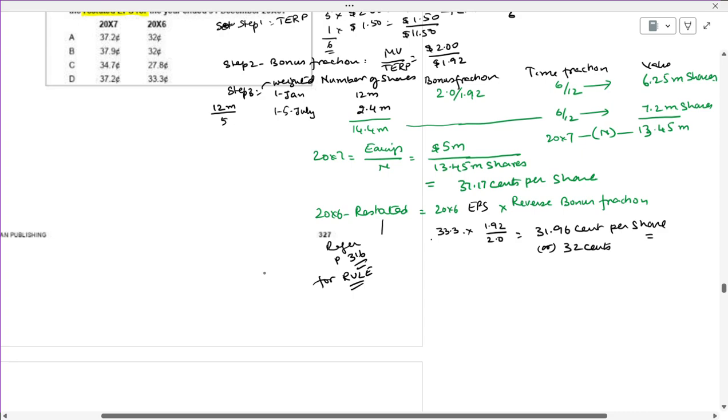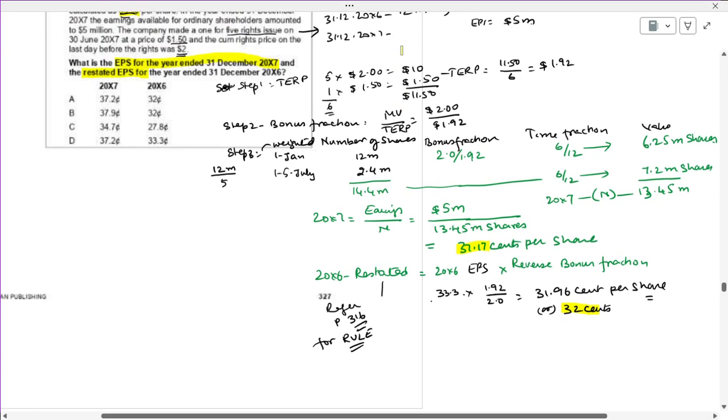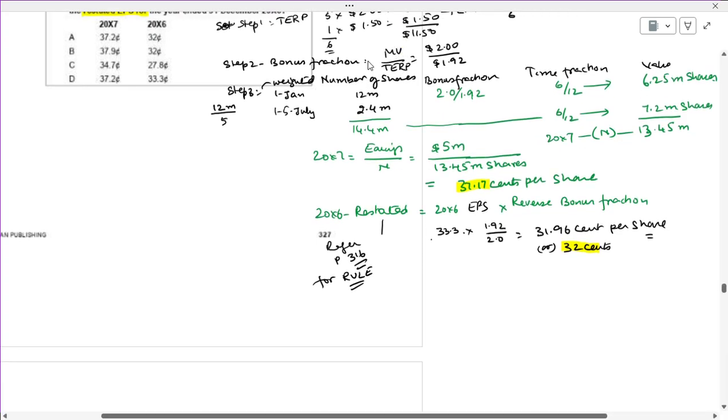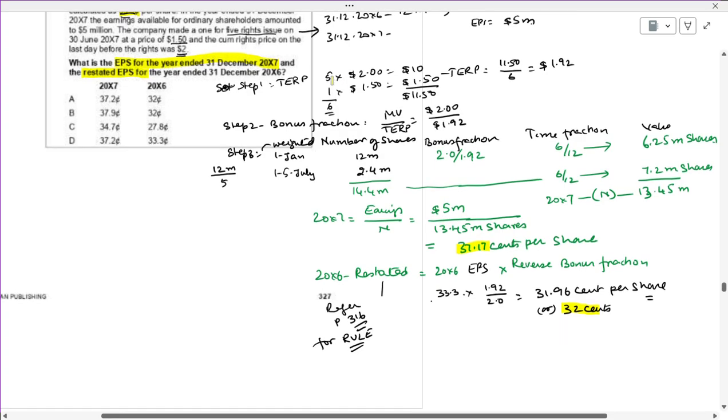Answer is what? A, B, C, D. Which one? 2007, 37.17, it is 37. 2006, how much? 32. 37 and 32.